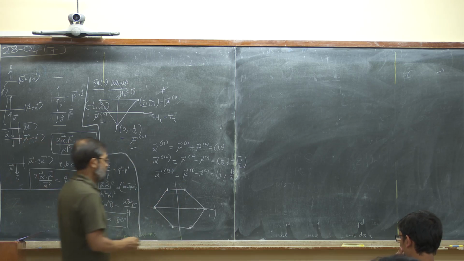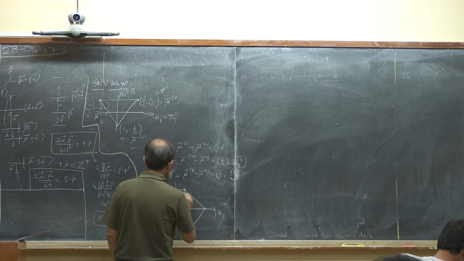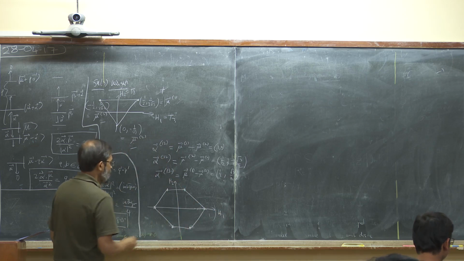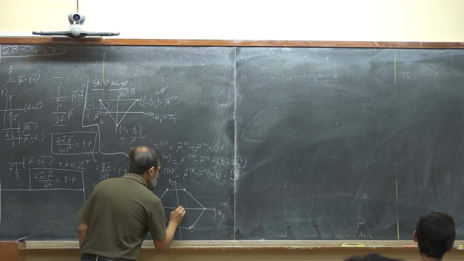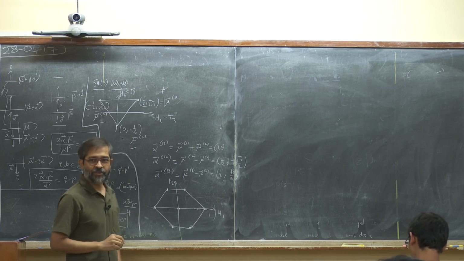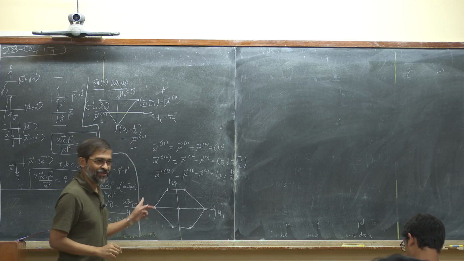And so again, this is H1, this is H2, and sometimes people write 2 dots here just to remind you that in the adjoint representation there are 2 weights which are actually 0.